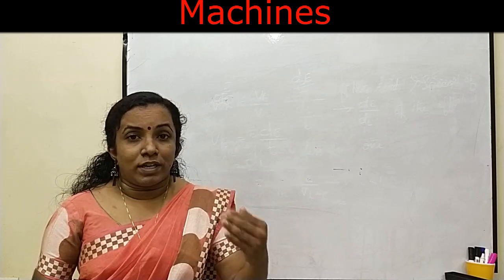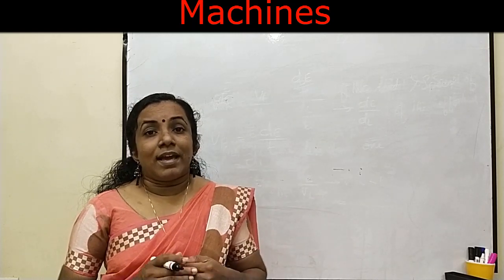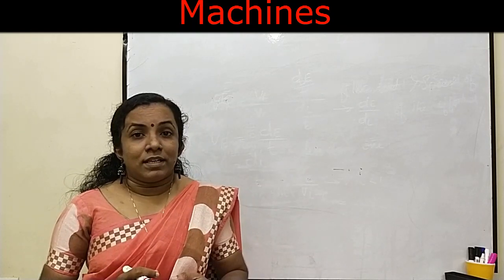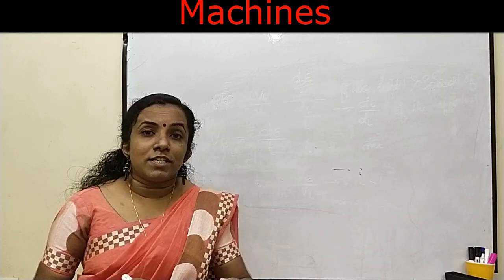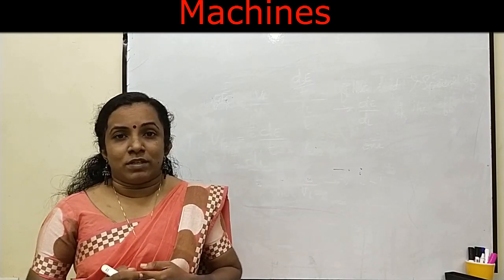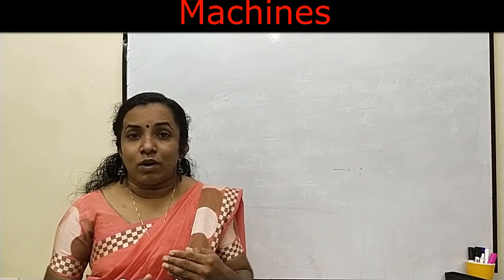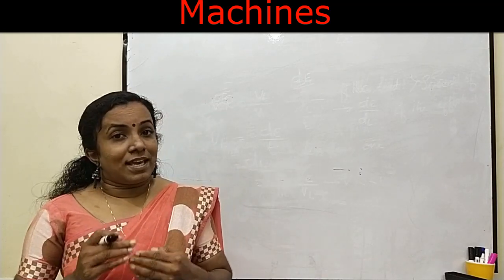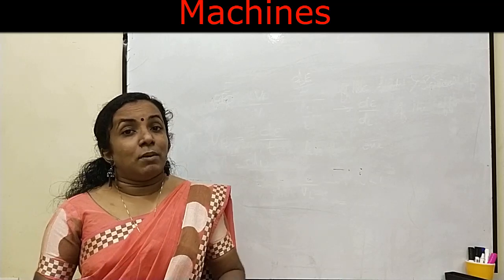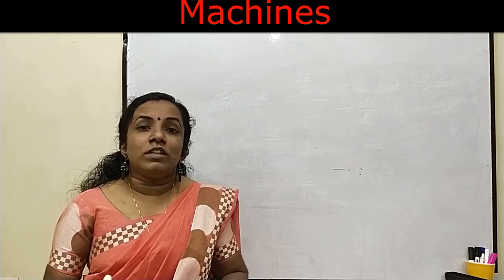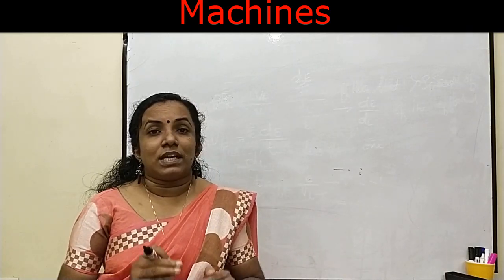So we have to work on it, is it? And work done by us on the machine is called work input. The force applied by us on the machine is called effort. So we can say work done by the effort on the machine is called work input.